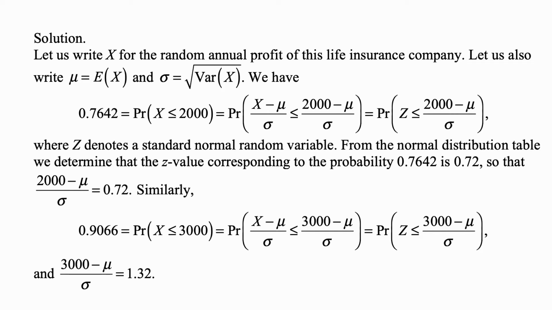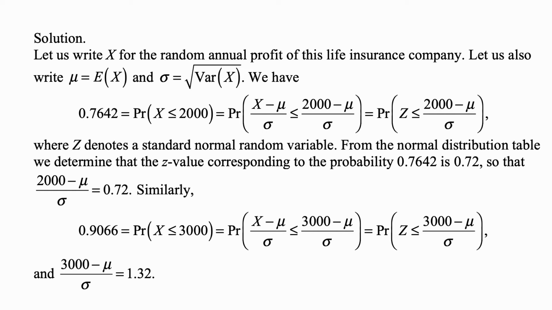And here's the solution. Let us write X for the random annual profit of this life insurance company. Let us also write mu for its mean and sigma for its standard deviation. Then 0.7642 is the probability that X is less than or equal to 2,000, which is the probability that (X minus mu) over sigma is less than or equal to (2,000 minus mu) over sigma, which is the probability that a standard normal random variable is less than or equal to (2,000 minus mu) over sigma, because (X minus mu) over sigma is standardized and X is normal, so it is a standard normal random variable.